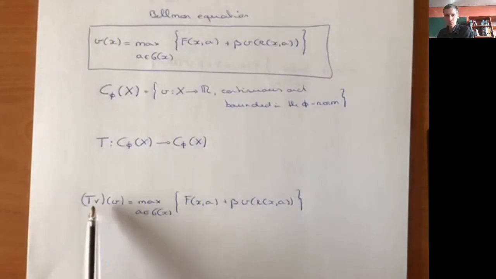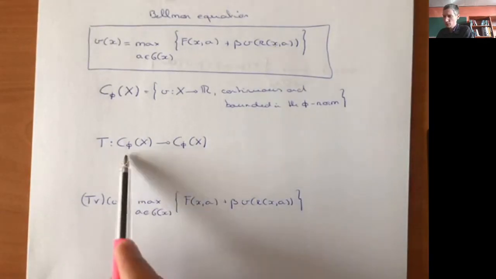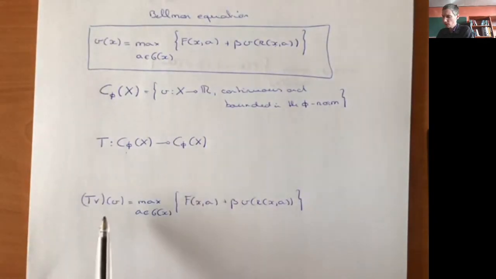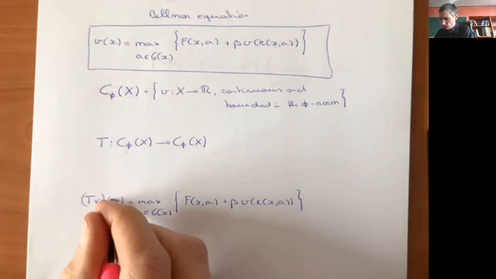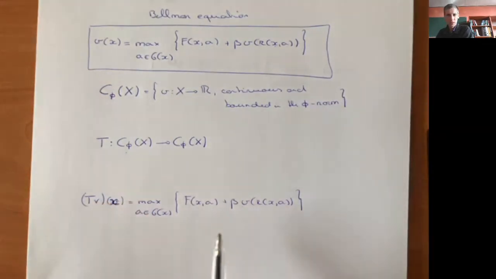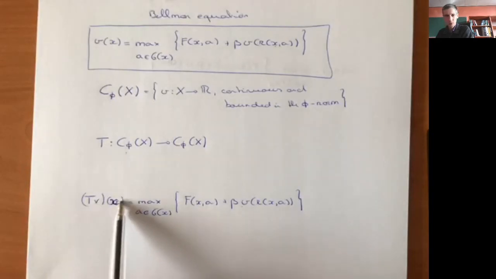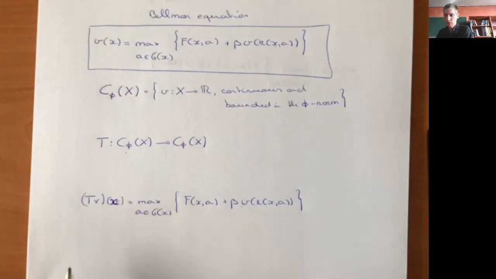Okay, so this is an operator. It takes the function v in the set and gives you for every x a new value, Tv of x, by solving this problem here.